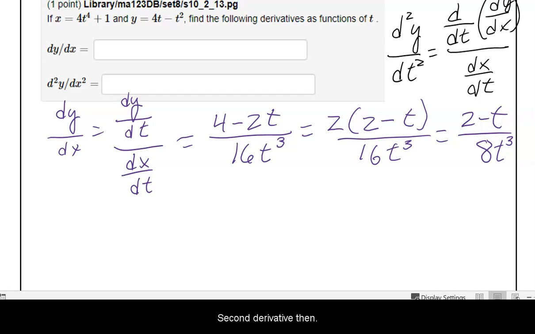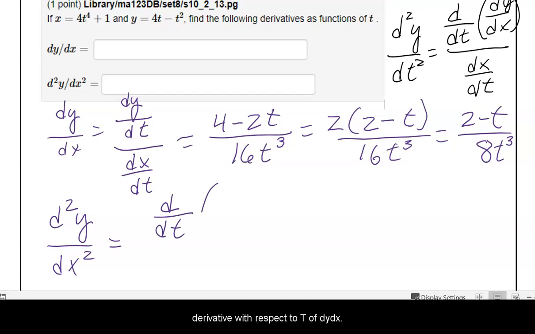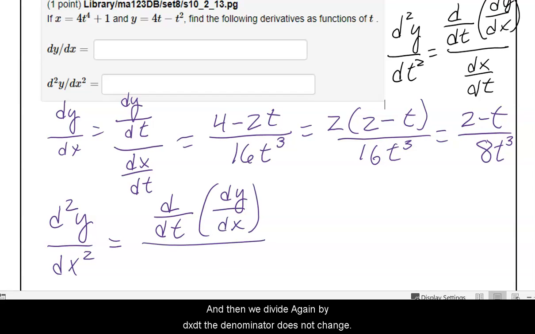Second derivative then of y with respect to x both times would give us the first derivative with respect to t of dy/dx. And then we divide again by dx/dt. The denominator does not change.